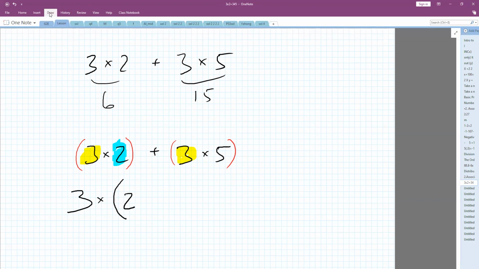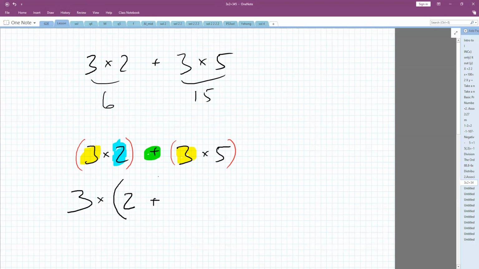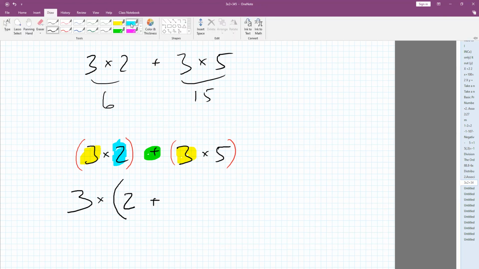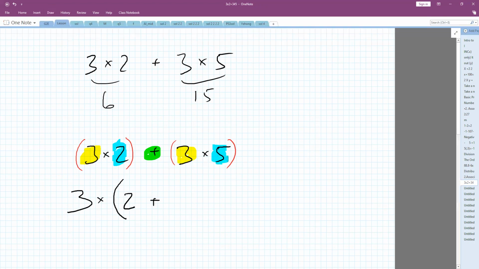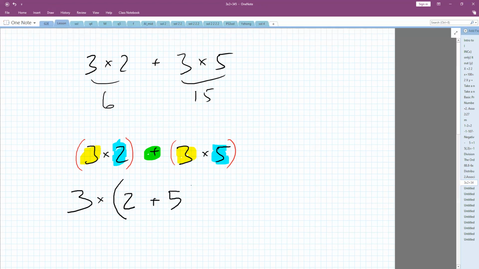Yeah, and plus, now the second one, you have 3 times 5. So I have now another calculation which gives us the same answer.